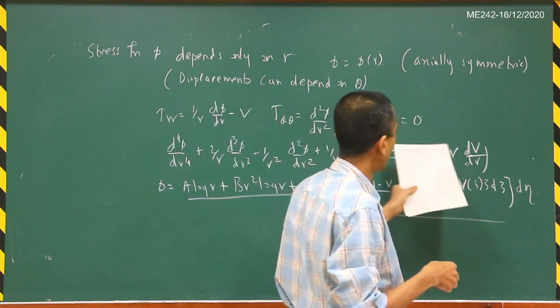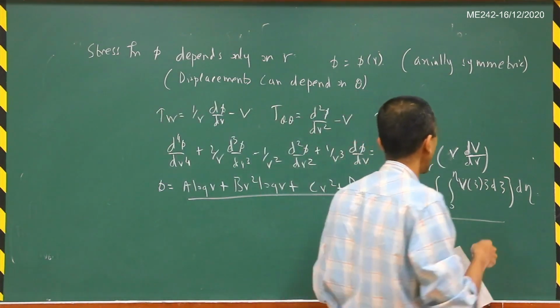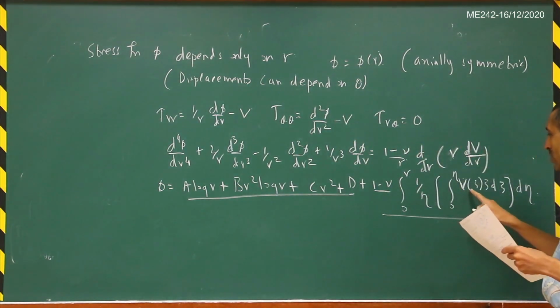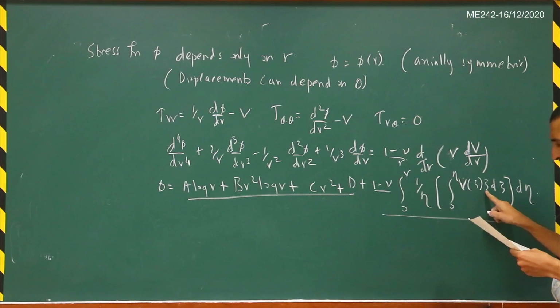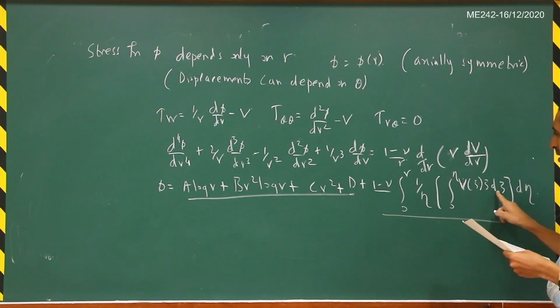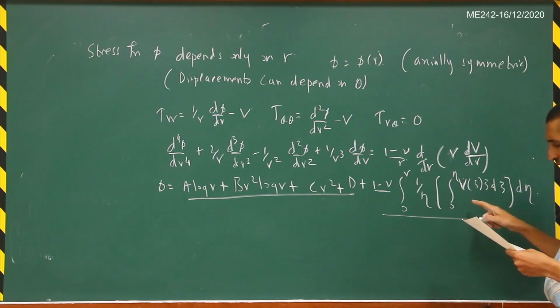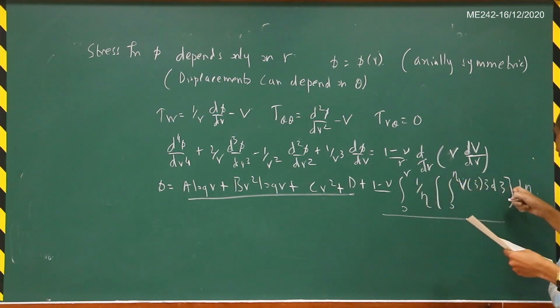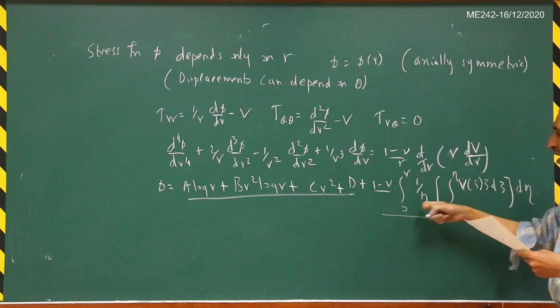For this part here, you have to integrate the potential associated with the body force. So this is v of xi times d xi, with integration limits from 0 to eta. Then you divide that by eta, and integrate again with respect to eta from 0 to r.